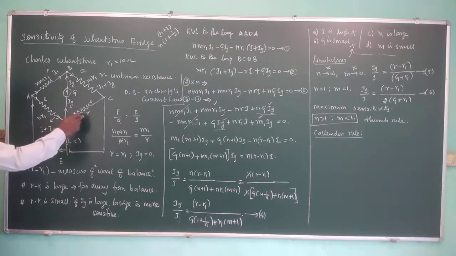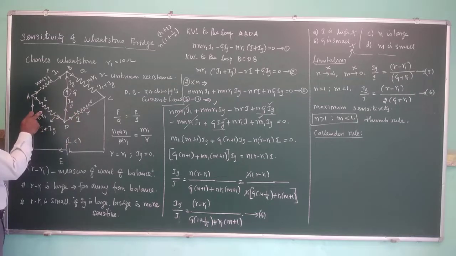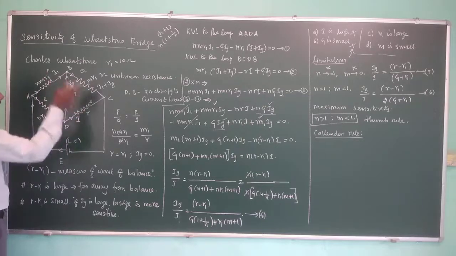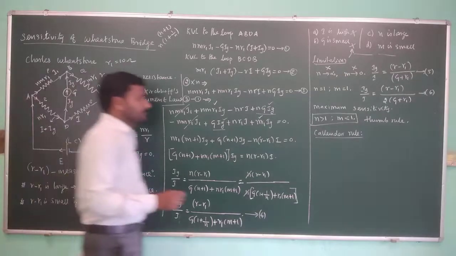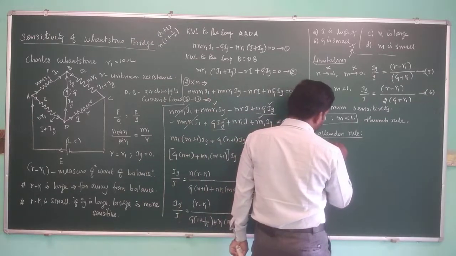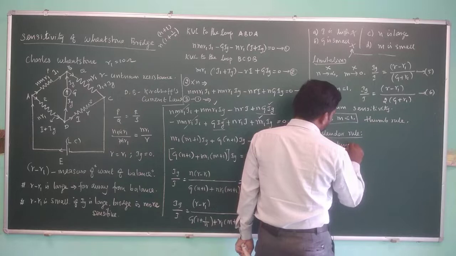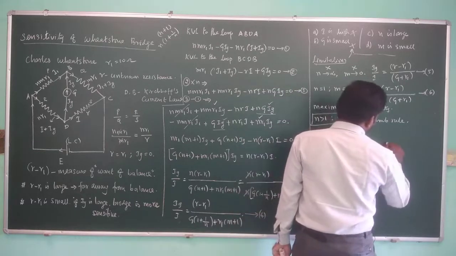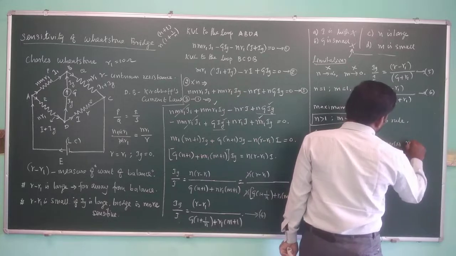Suppose you are considering this as the unknown resistance, the resistance connected to this in series, that is this resistance, should be greater than the resistance connected to it in parallel. So these two setups are parallel, right? So with the unknown R, the series resistance should be high.